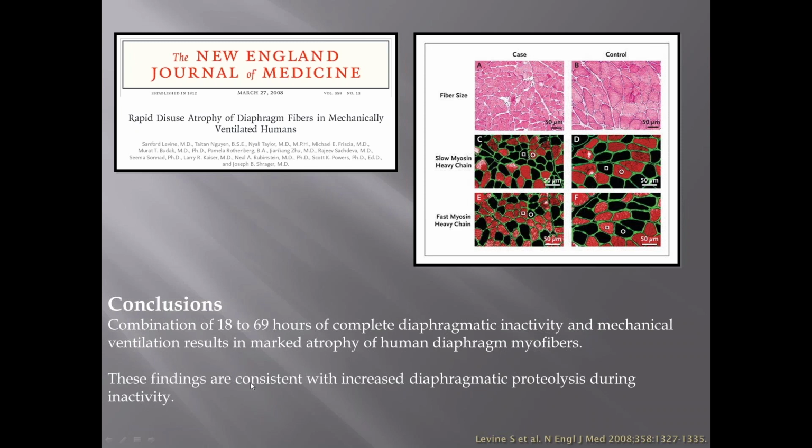These patients had, I think, anywhere from 18 to 69 hours of diaphragmatic inactivity. After the point that they were brain dead, these were taken. So what they showed was that just that amount of time of diaphragmatic inactivity can cause diaphragmatic atrophy. So patients passive on the ventilator for not that long can develop diaphragmatic dysfunction.